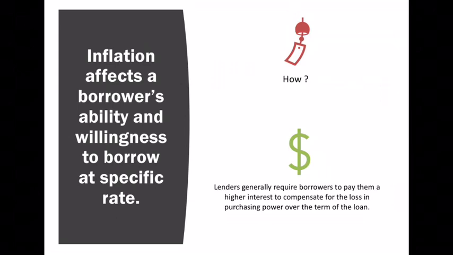Usually, lenders require borrowers to pay them a higher interest to compensate for the loss in purchasing power over the term of the loan. You can think about it this way. If you have $10 and you are planning to buy an item that costs you $10 now, and you have an idea of lending that money to someone and he will pay you back $12 in 2 years' time.